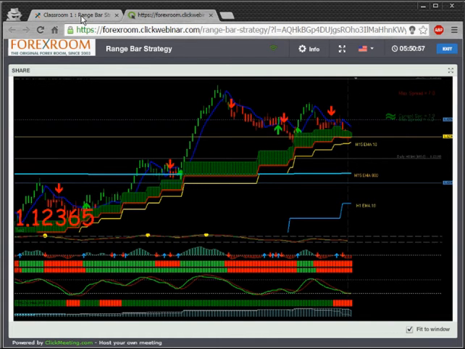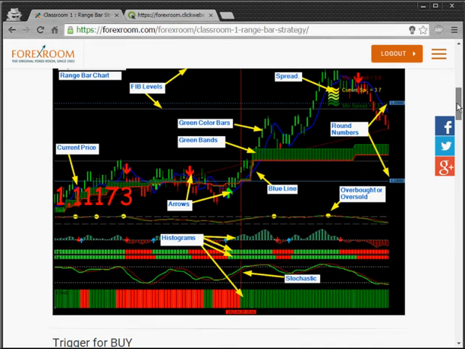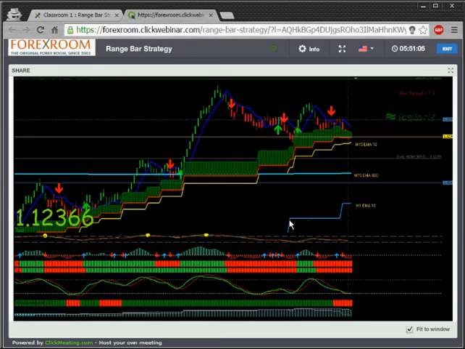So as you can see, everything which is explained in detail here is now being shown to your monitor. Now we'll go into detail as to how in a live session a trader decides to use this strategy.